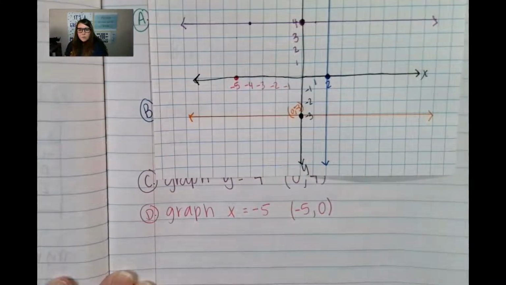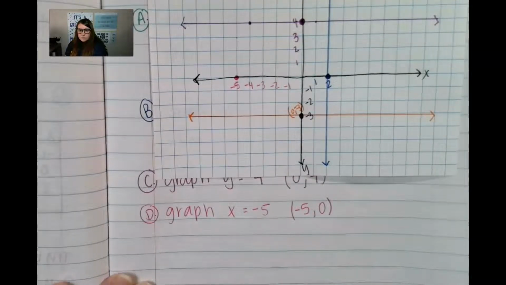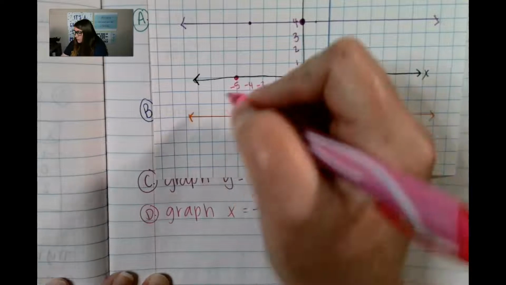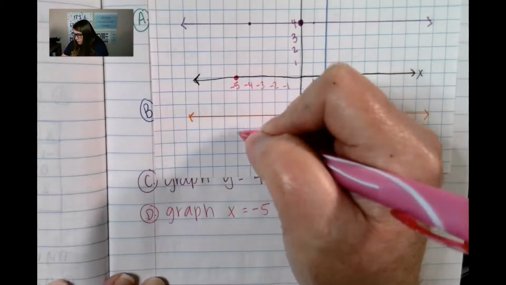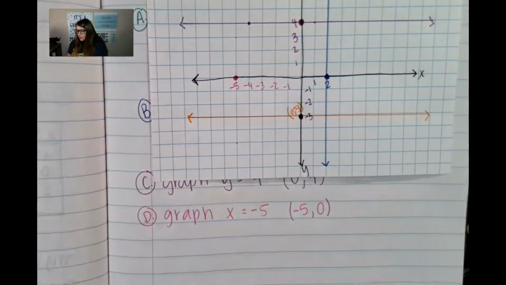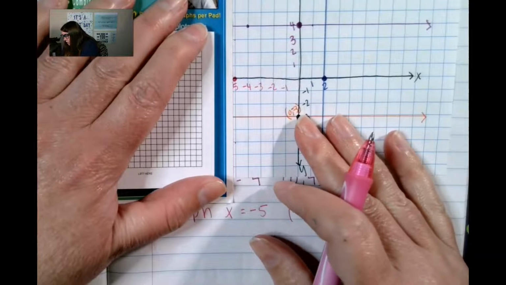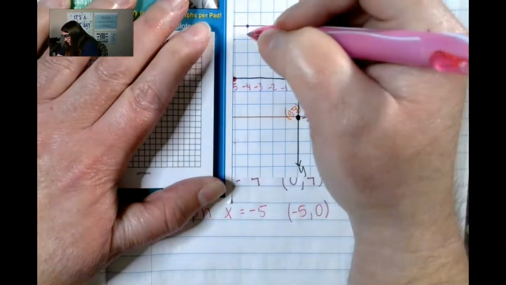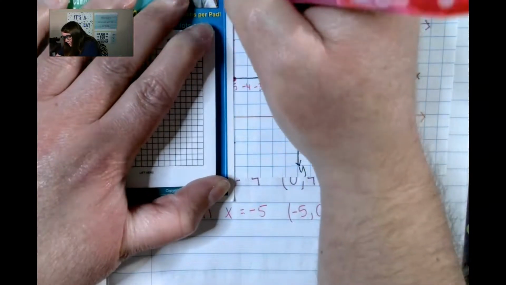Okay, let's say that it was y equals negative 5. But x is still negative 5, so negative 5, negative 5. We would still go over to negative 5 and we go 1, 2, 3, 4, 5 and put my dot there. So when I finally connect all these, again, these ones are vertical because your x value doesn't change.